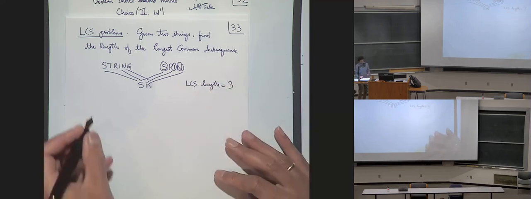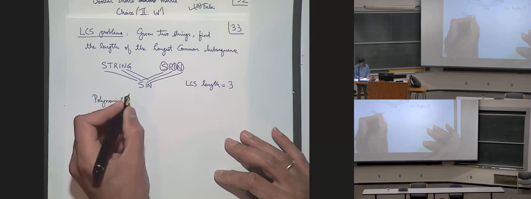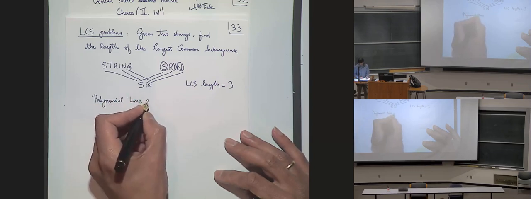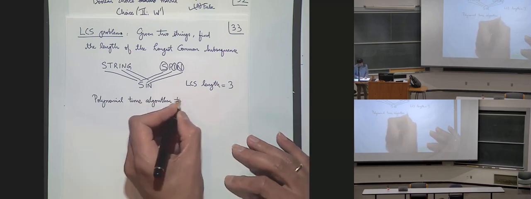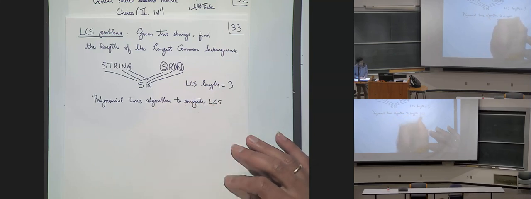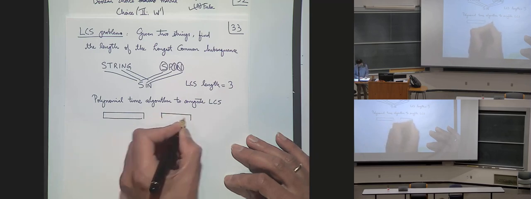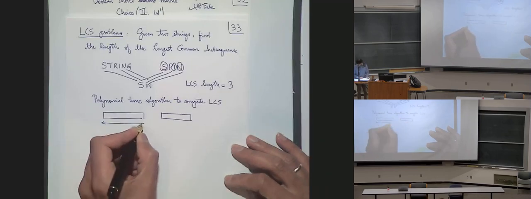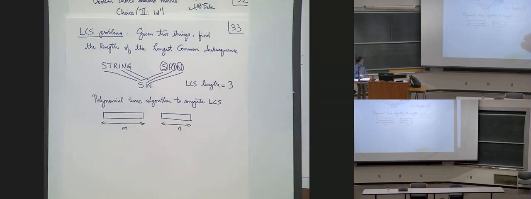And so the question is, can we get a polynomial time algorithm to compute LCS? The way I'll think about it is I have two strings whose lengths are m and n.